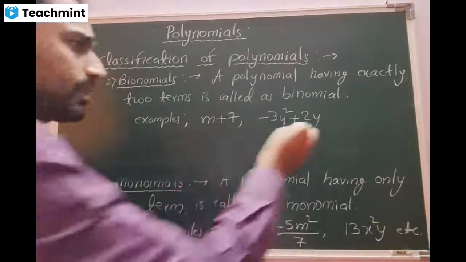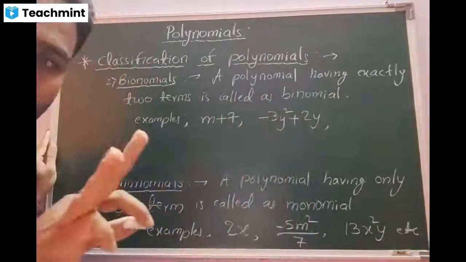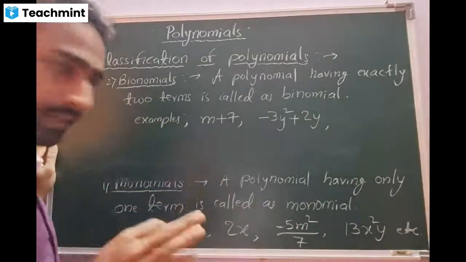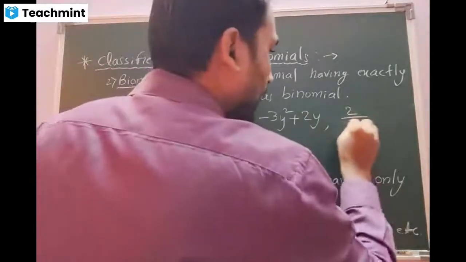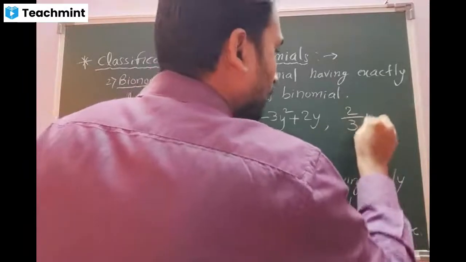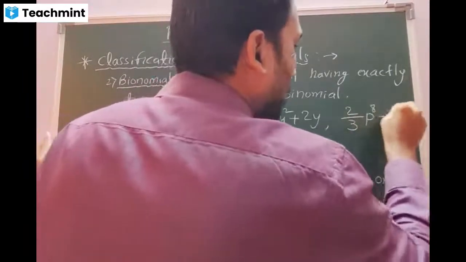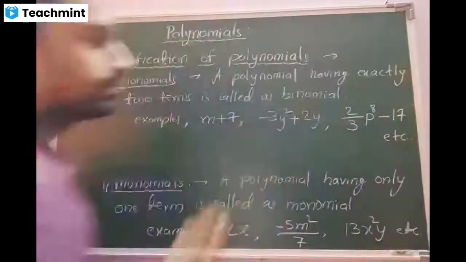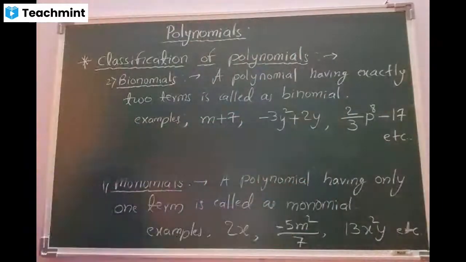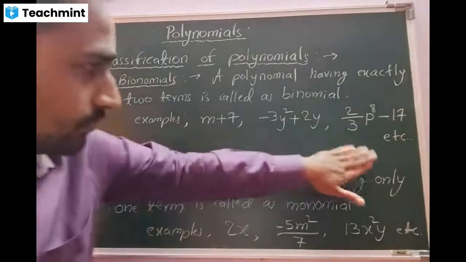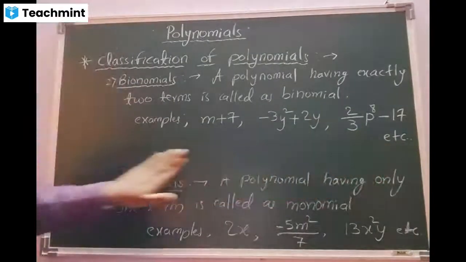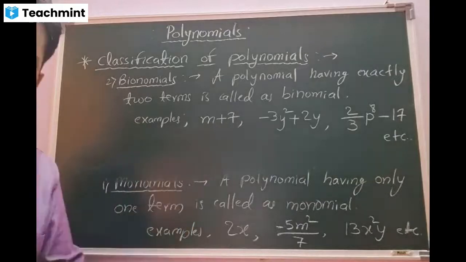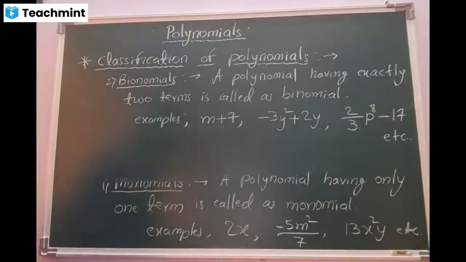Let me write one more example wherein we have to get two terms: 2 by 3 t to the power 8 minus 17, etc. Copy, beta, quick. Written? Yes, sir.